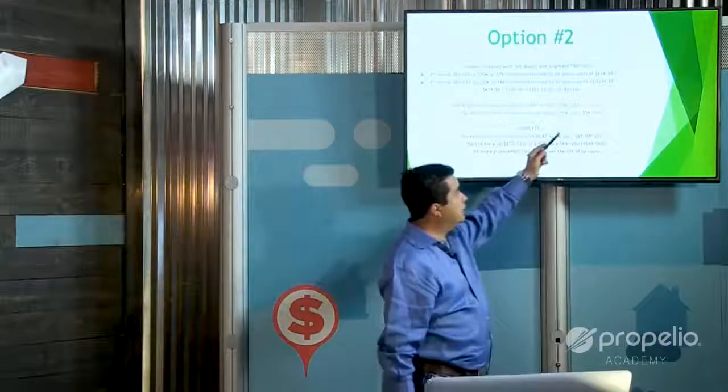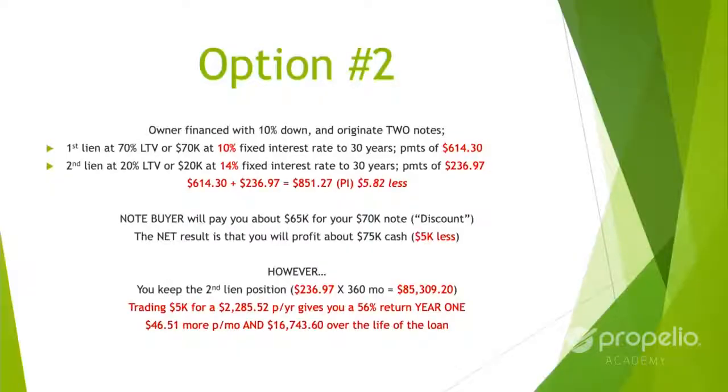We're good. We're kosher. It's still going to be $5,000 less, but let's take a look at the situation on your cash flow on your second note. You're going to keep the second lien position note, which is $236.97 for 30 years. That's now $85,309.